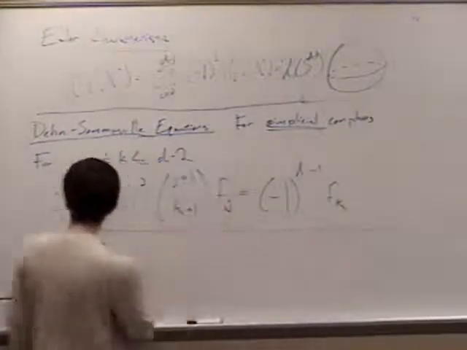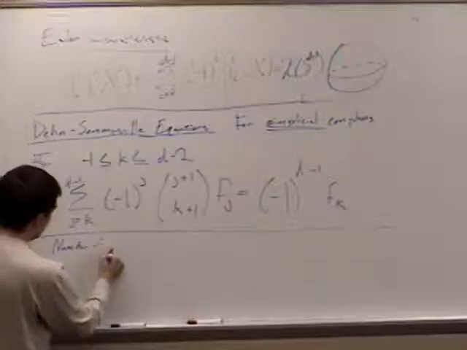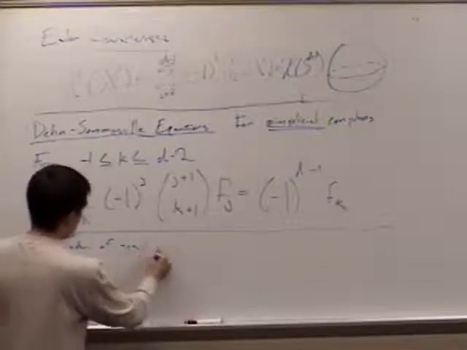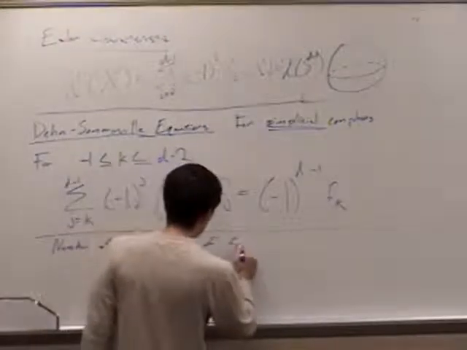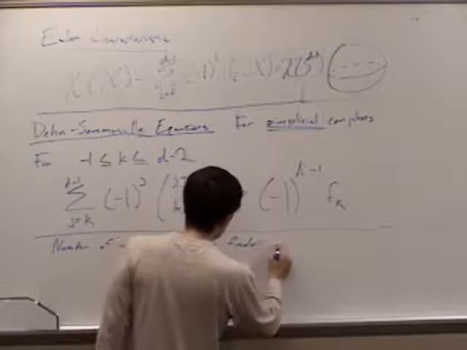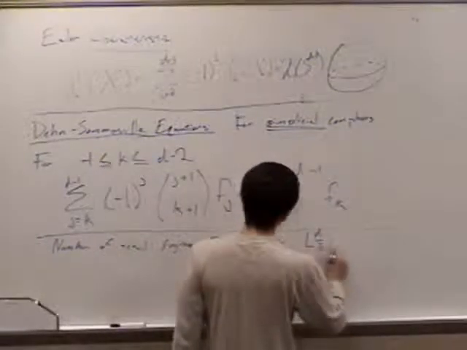So the number of actual degrees of freedom is floor of D over 2, essentially.